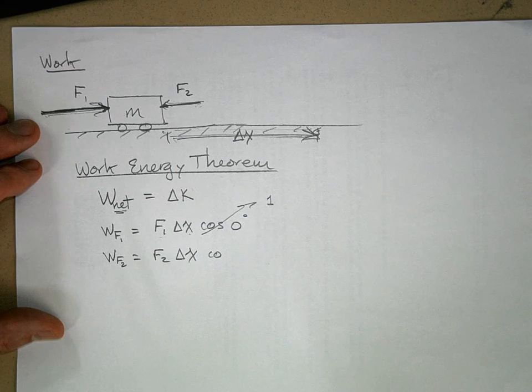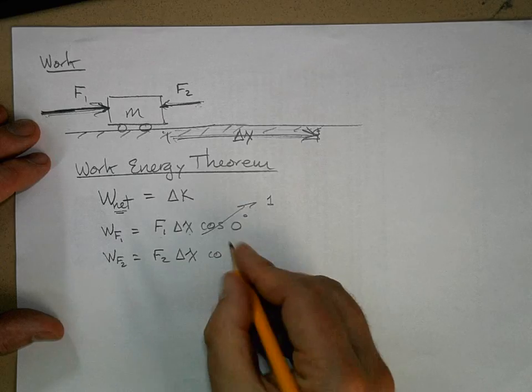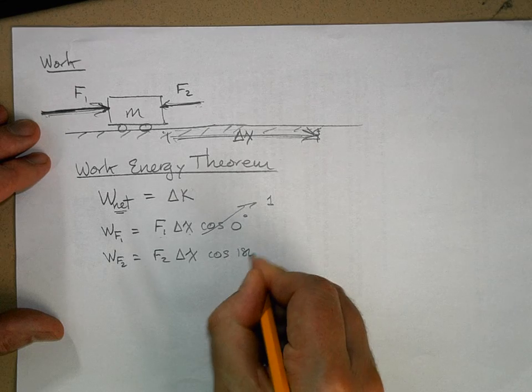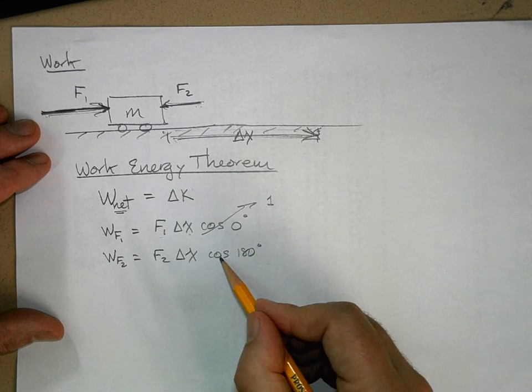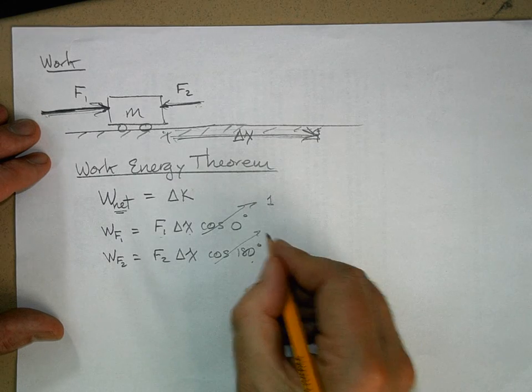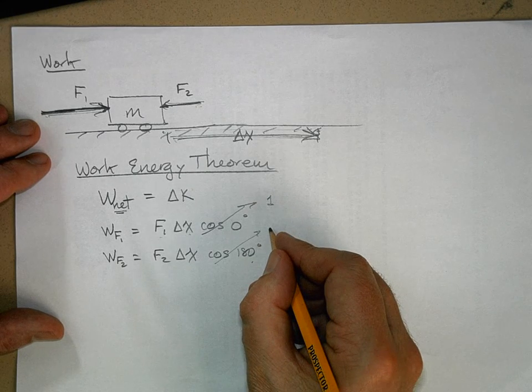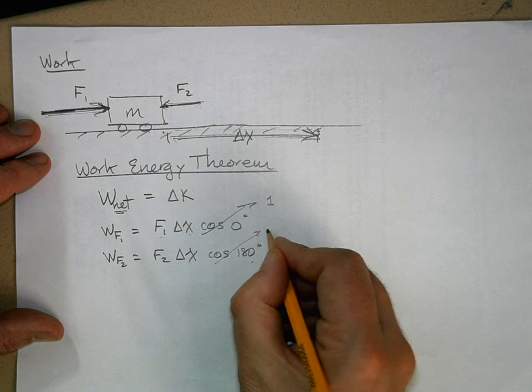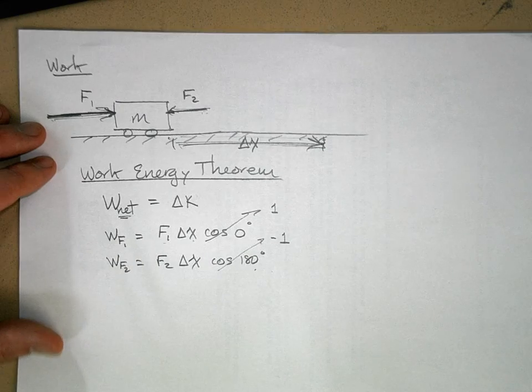That is 180 degrees, right? And so what does this mean? What's the cosine of 180? It's not 0. Get your calculator out, make sure it's in degrees, and go the cosine of 180, it's negative 1. Now what does that mean?